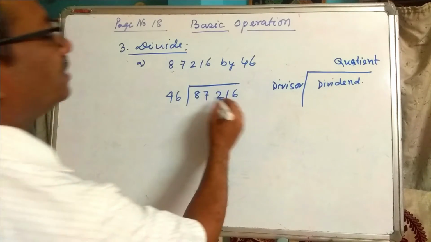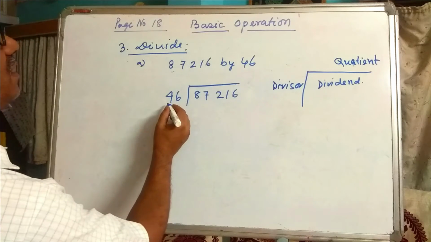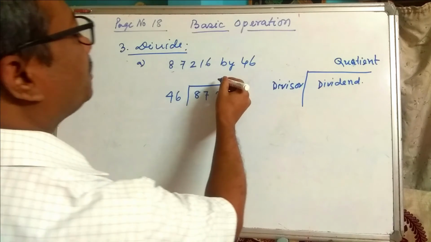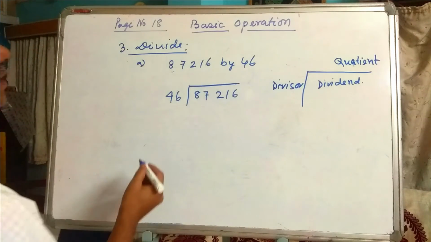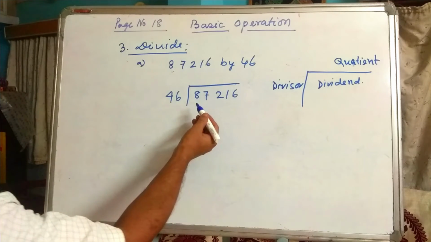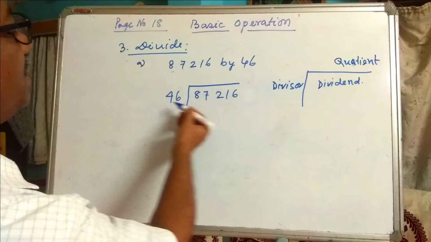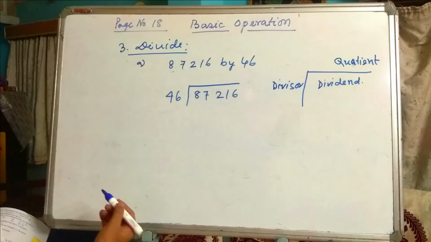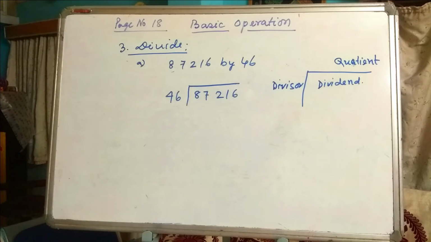So this is the dividend, this is the divisor, and we are going to find out the quotient. Now I am going to explain how to divide a number by a 2-digit number.